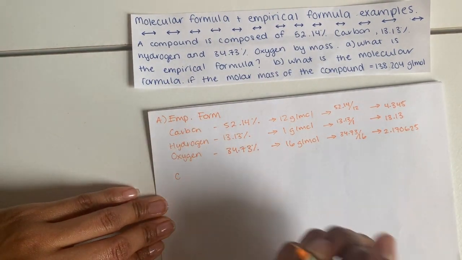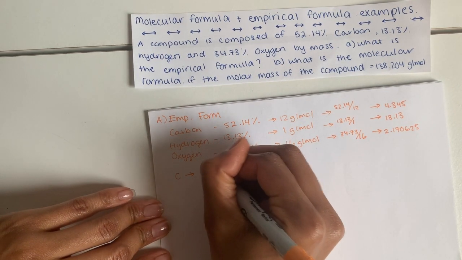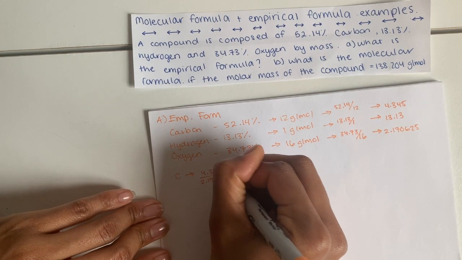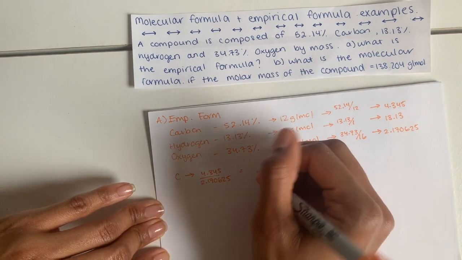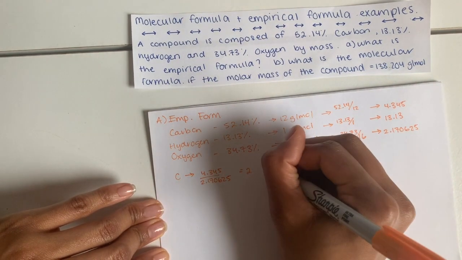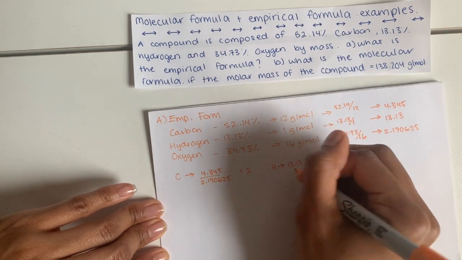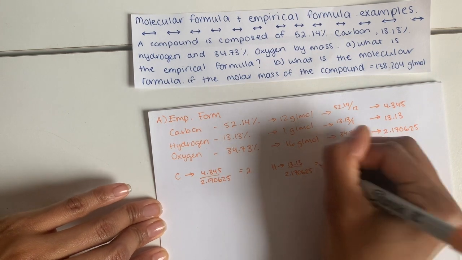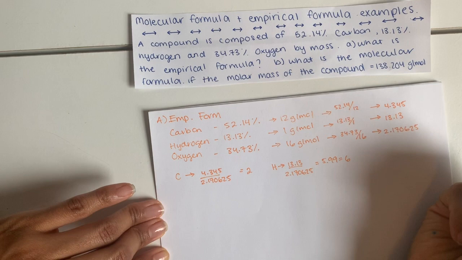So I have C, which is going to be 4.345 divided by 2.17, which gives us 2. And I have my H, which is my 13.13 over 2.17, which gives us 5.99, which is basically 6.